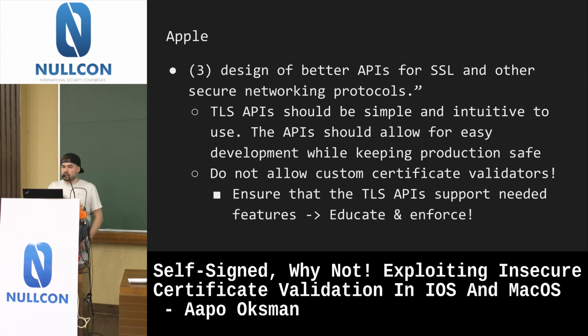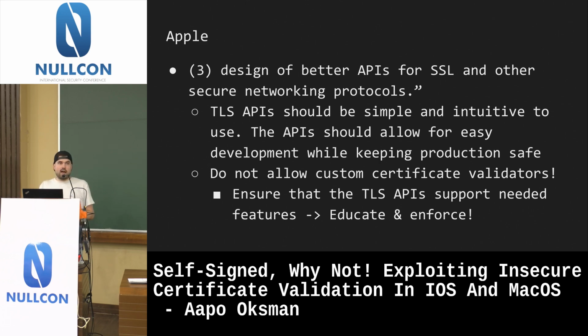And the third point, and I think the most critical one, is to design better APIs for SSL and other secure network protocols. When you are connecting securely to the internet, it should be intuitive that you are doing it securely, and if you're not doing it securely, it should be obvious.